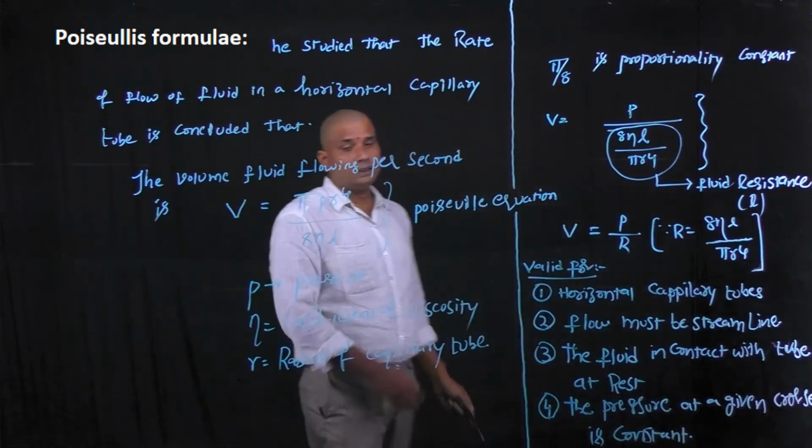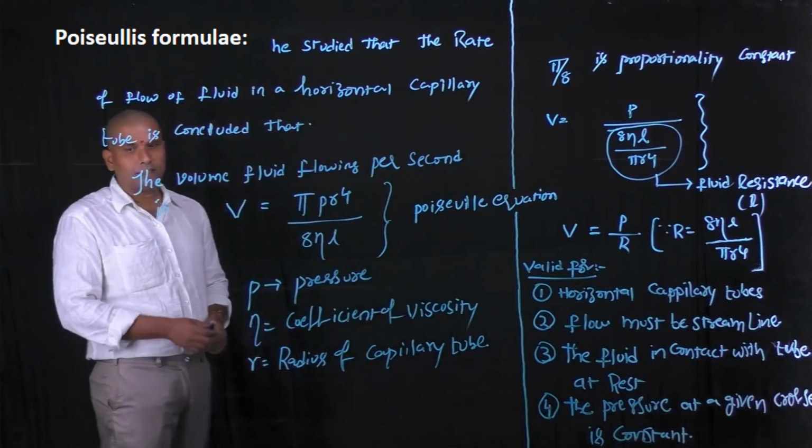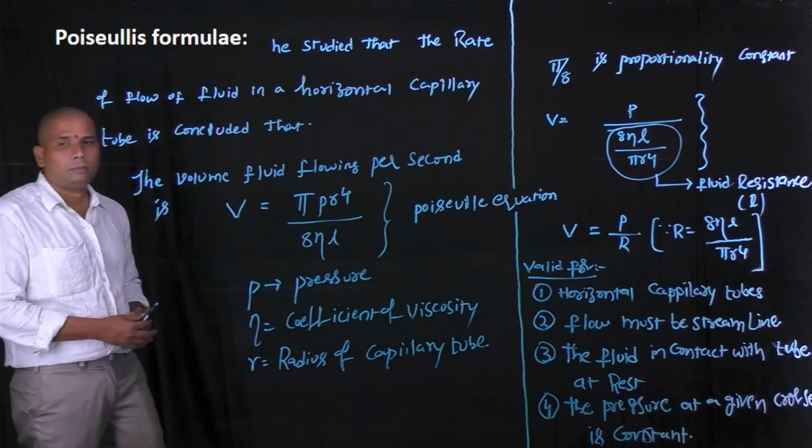These are the limitations for Poiseuille's equation. This is about Poiseuille's formula.